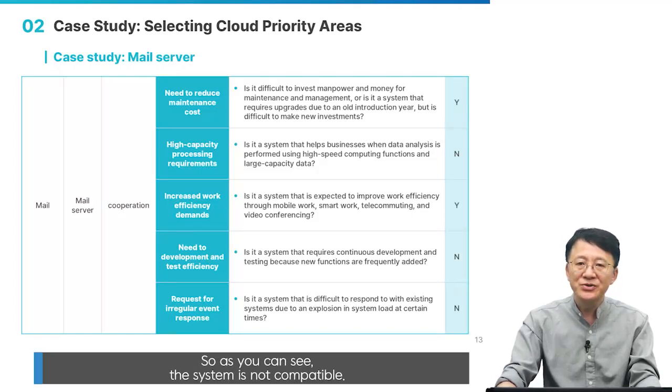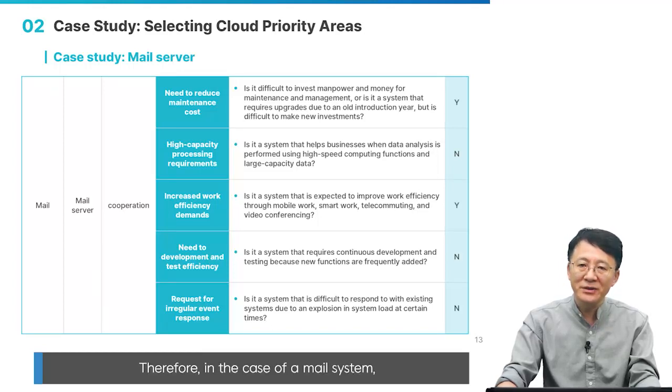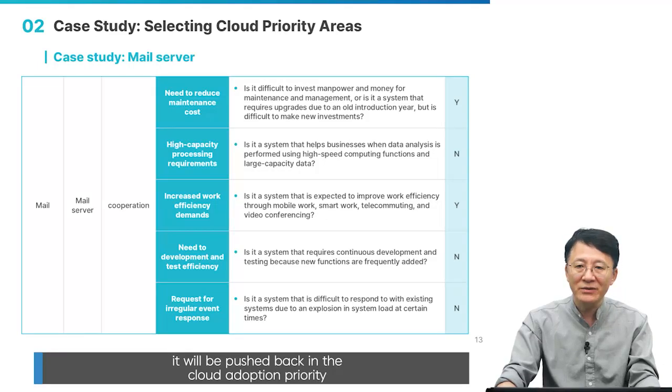So, as you can see, the system is not compatible. Therefore, in the case of a mail system, it can be seen that 2 of the 5 evaluation criteria are satisfied, and there is a possibility that it will be pushed back in the cloud adoption priority relative to a system with a higher score.